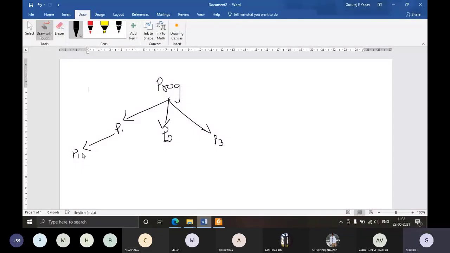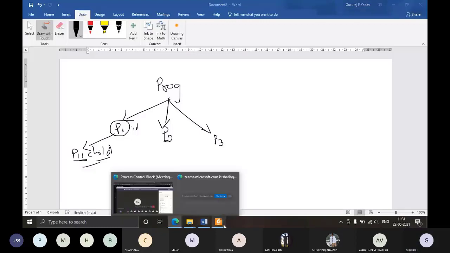In such a case, this child process will contain the process ID of its parent process, because it has to keep track of who its parent is. So the process ID of the parent is also stored in the process control block.